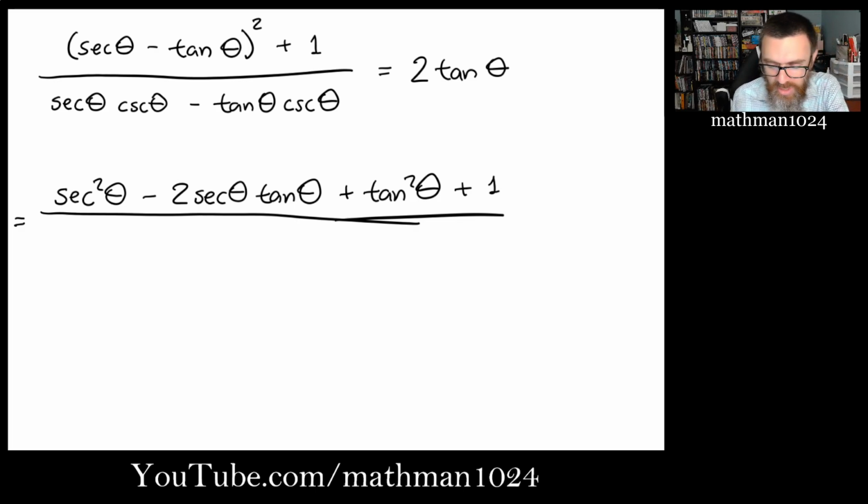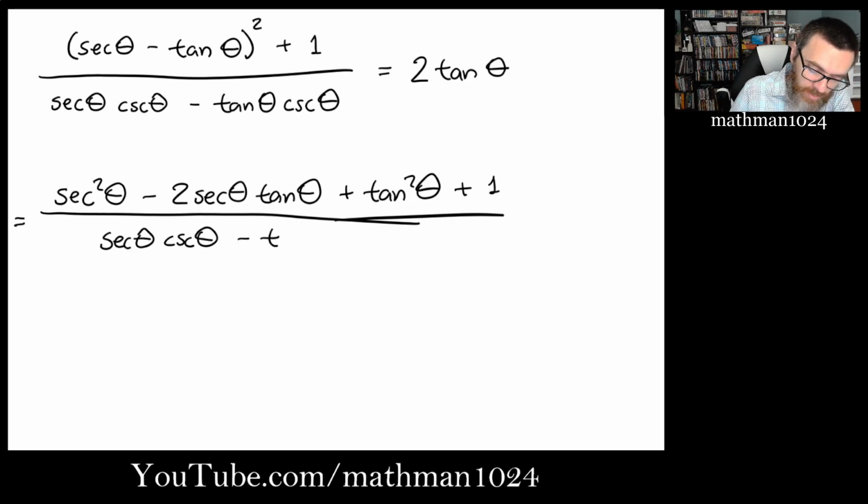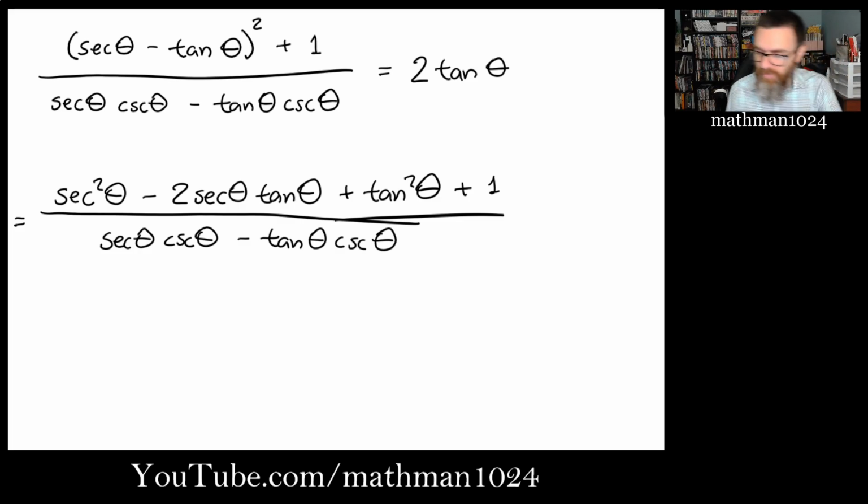And not really a whole lot that we can do in the denominator right now, except just rewrite all of this stuff. Now, the next step, we will talk about doing some factoring. But right now, just bring it all down.